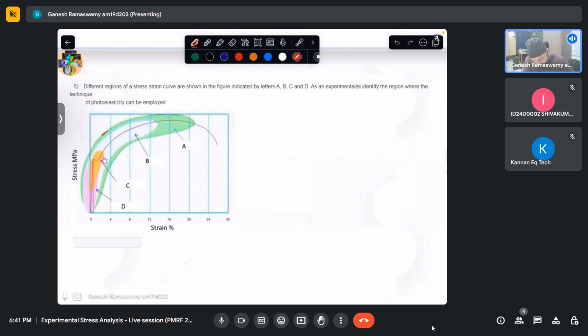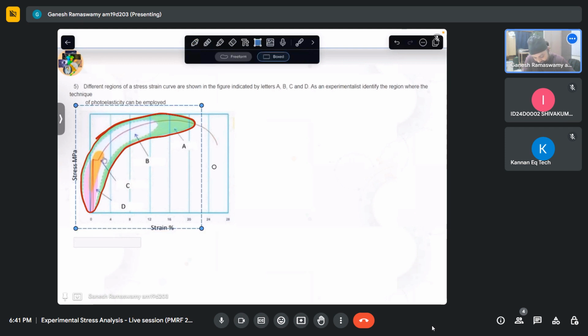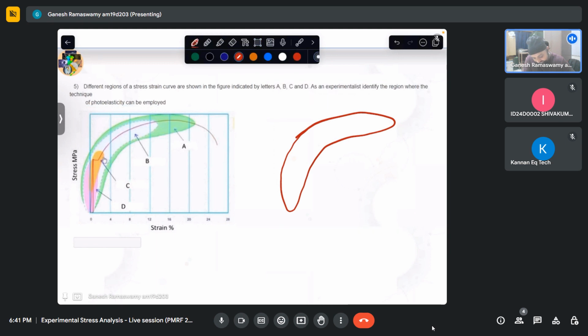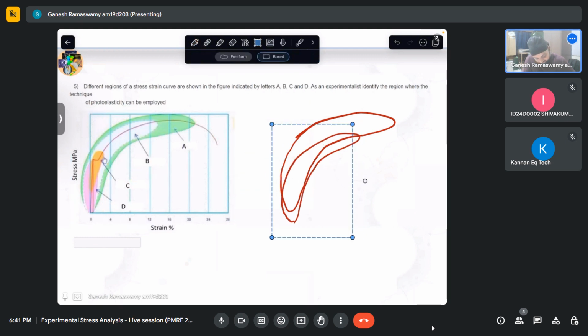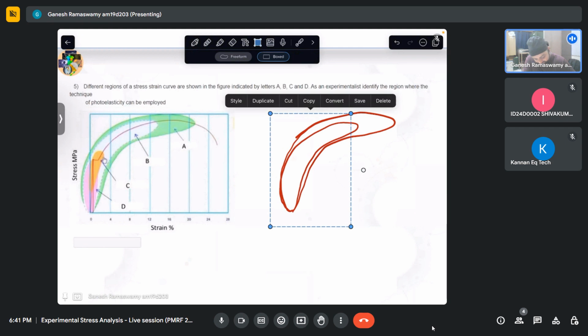So we have one region that goes like that. That is region A. And then we have B, which is like this.